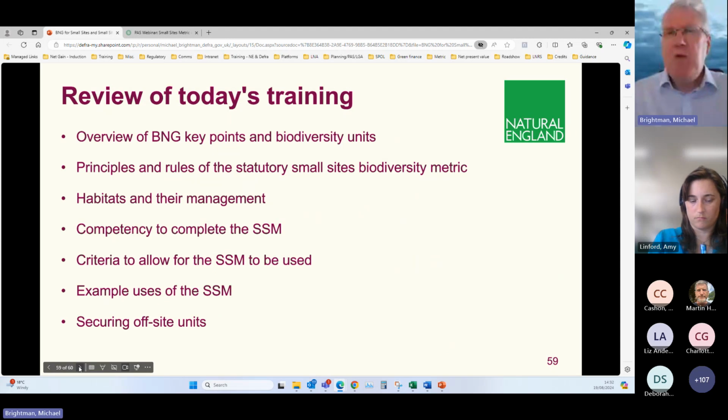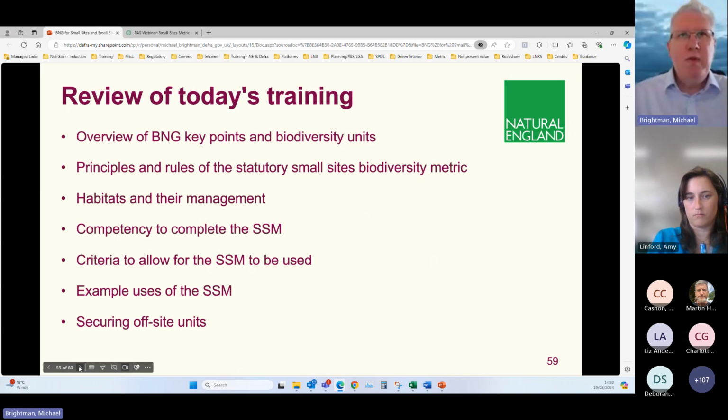So, a quick review of today's training before we hand over to our Q&A. We started with an overview of biodiversity, key points and biodiversity units. It seems we've gone through quite a lot in this hour. We've talked about the principles and rules of the statutory small sites metric. We've talked about habitats and their management, Natural England's habitat management and monitoring template for small sites and the habitat guide.